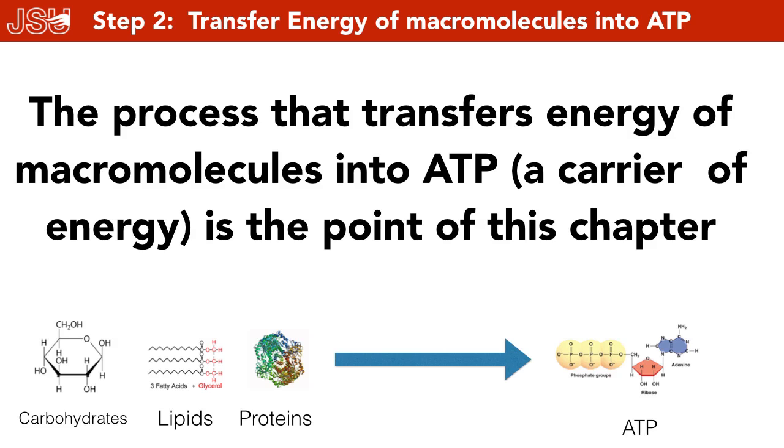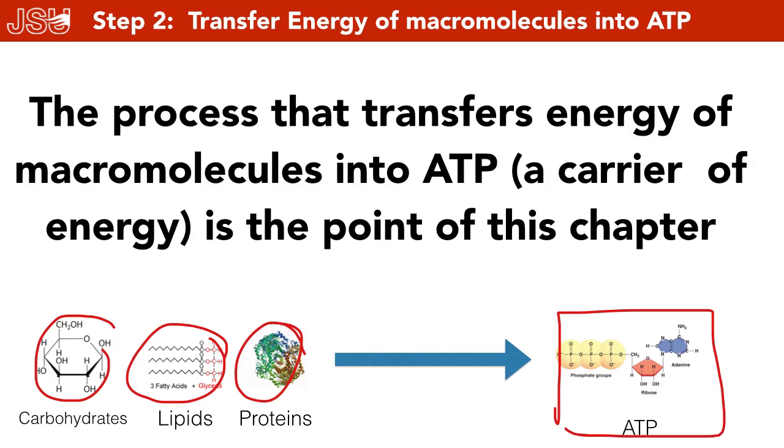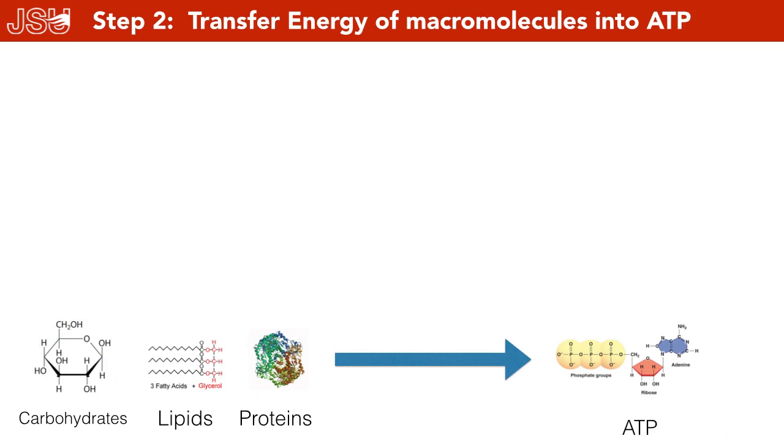These macromolecules have energy. Protein contains energy. Lipids contain energy. Carbohydrates contain energy. What we're doing is we're taking that form of energy and making it into another form of energy. We're not making energy, we're converting energy from one form to another form.